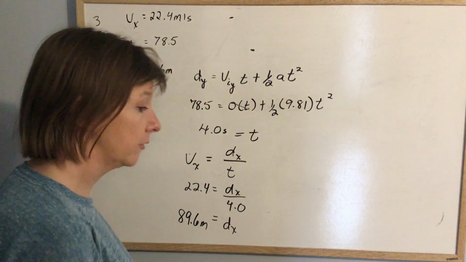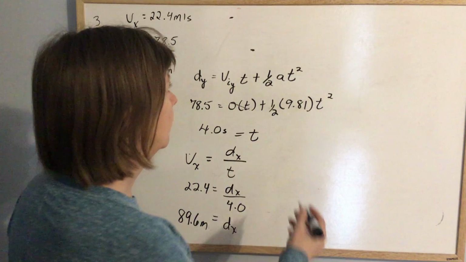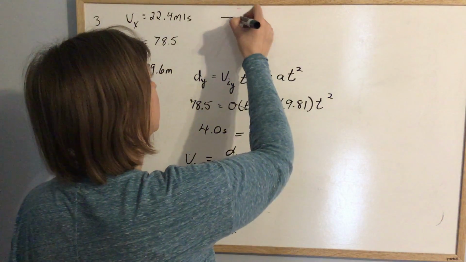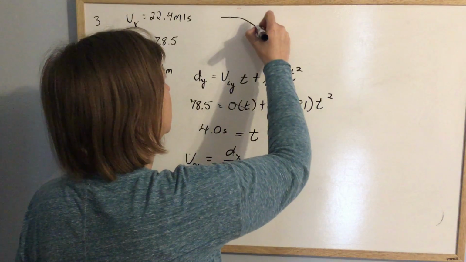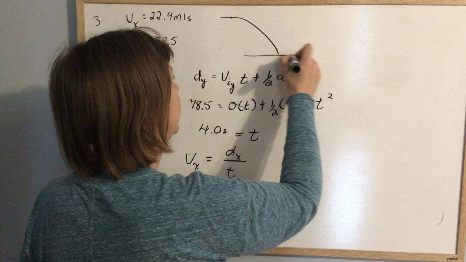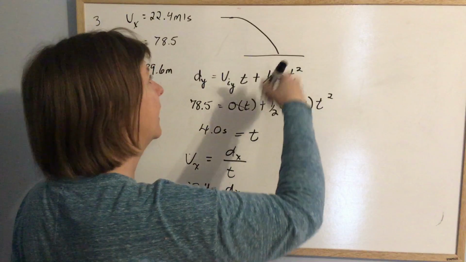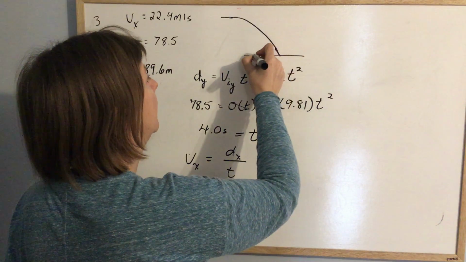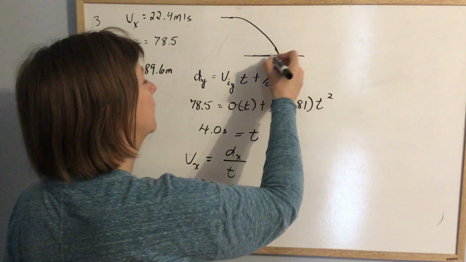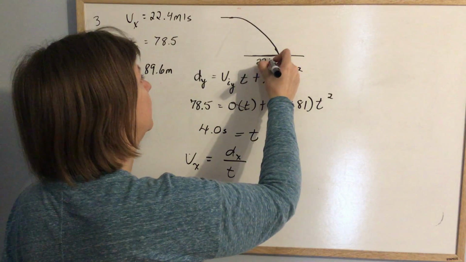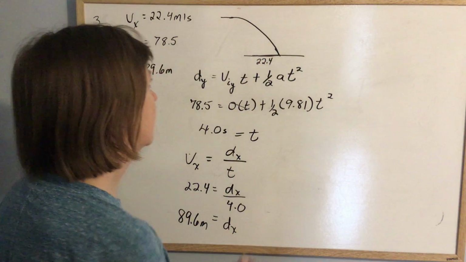So my displacement was 89.6 meters. Now, again, when she lands, so skier going down, she's not straight down, she's at an angle. I know that her horizontal velocity is 22.4 because it remains constant.